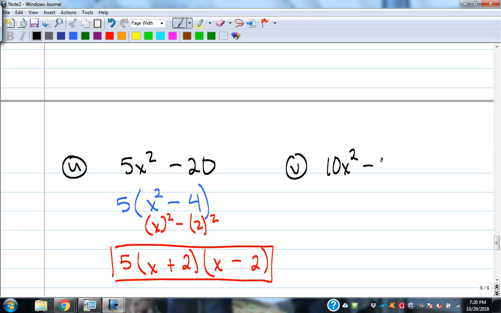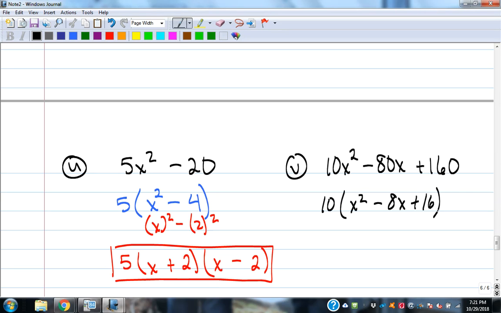10x to the second minus 80x plus 160. It's in order. Good. GCF of 10. Good, Sam. So 10. What's left in the parentheses? x squared, minus 8x, plus 16.